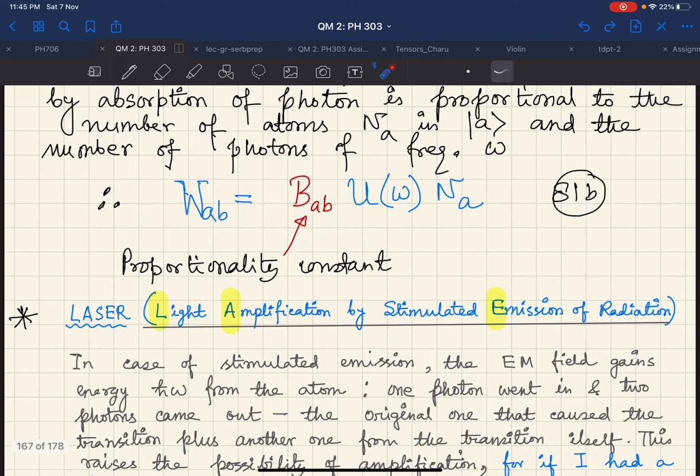Now, since I have introduced the idea of stimulated emission, let me also very briefly tell you about laser. Laser means light amplification by stimulated emission of radiation. If you take all the first letters of this phrase, you will get laser. That is the full form of laser.